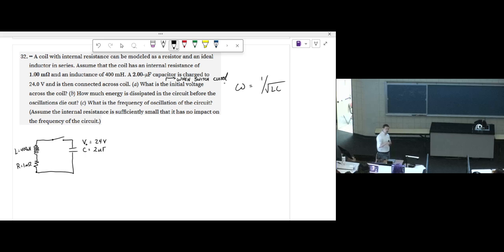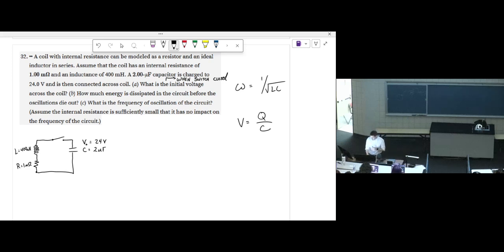We already know that the charge across the capacitor and the current through the inductor are going to oscillate with time, right? That was the solution that we found when we closed the circuit. But if the charge on the capacitor oscillates as a function of time, we know from the definition of capacitance that the voltage across the capacitor is also going to oscillate with time.